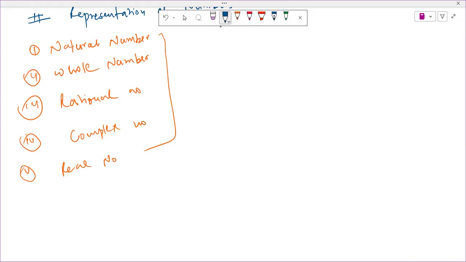So let's discuss the first thing, the real number. What is this? Basically it's a number which can be represented on the number line. So you can have this straight line, and let's say you have some interval here. Any number which comes on this line, it can be exactly at an interval or in between intervals, it's fine.